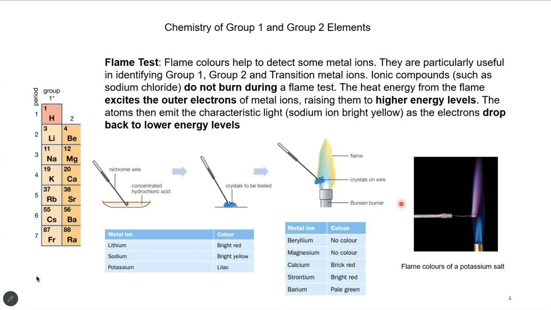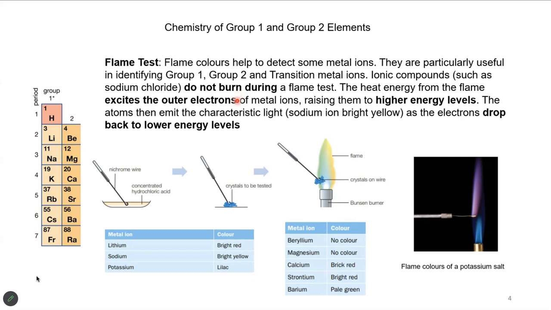Here, ionic compounds, this group of elements and this group of elements form ionic compounds. So in the flame, the heat energy we get, we never can burn down the ionic compound. Let's say sodium chloride, we cannot burn it down by a flame.